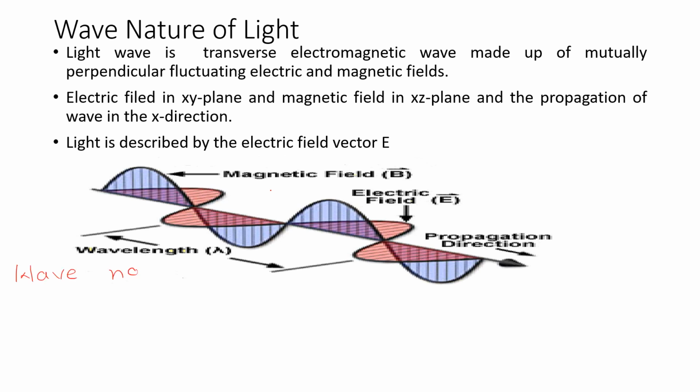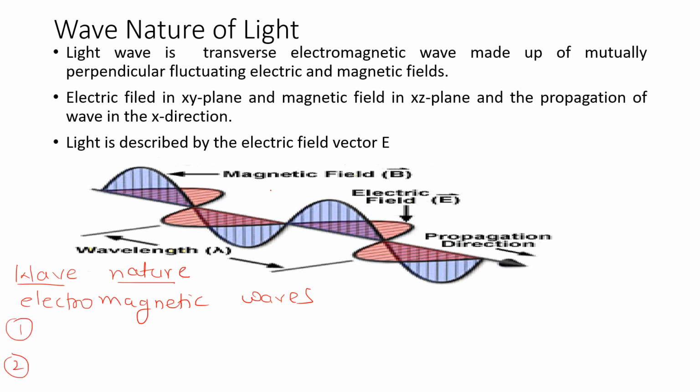Wave nature itself means that something is vibrating, something is changing periodically to produce these light waves. We say that light waves are electromagnetic waves. So there are two things which are vibrating periodically in case of light waves.